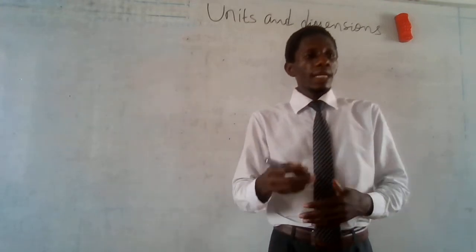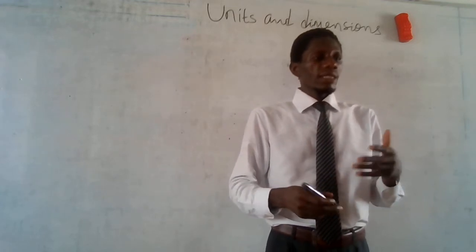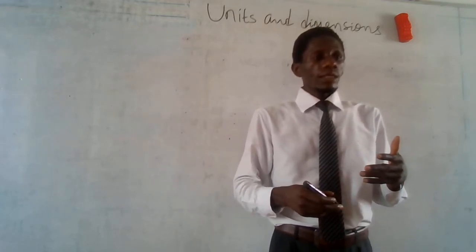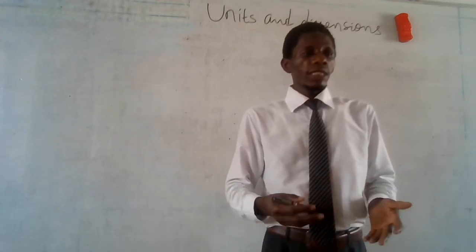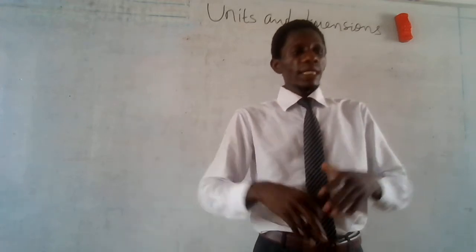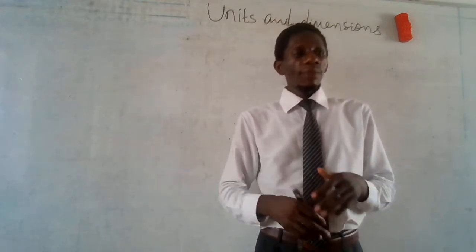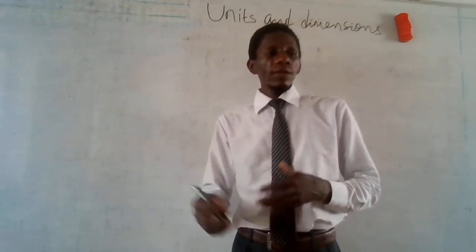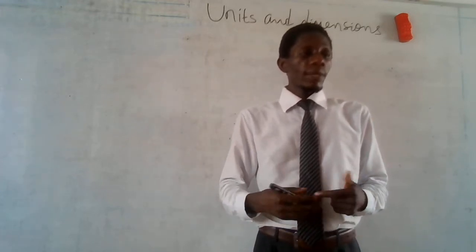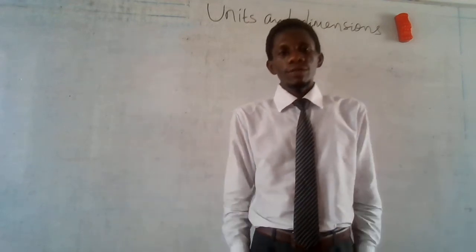But sometimes the system is in the form of the modern metric system and based on the meter as the unit of length, and either the kilogram as the unit of mass or kilogram force.